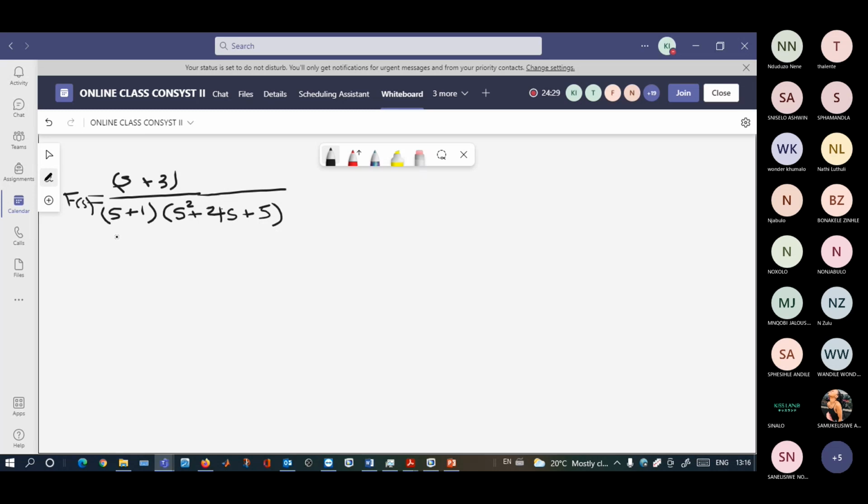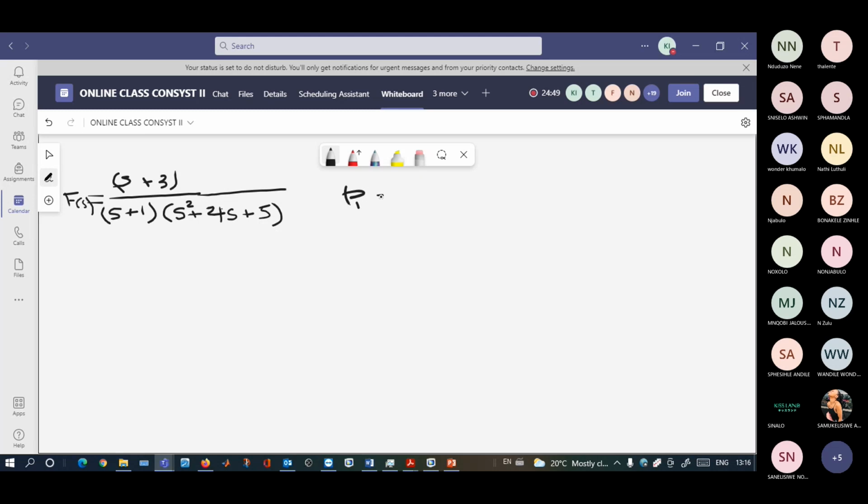function. How many poles do we have here? Guys, how many poles? Three poles. Yeah. So the first pole is going to be P1.